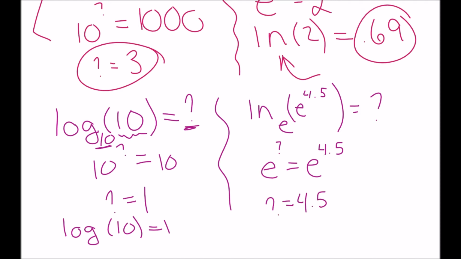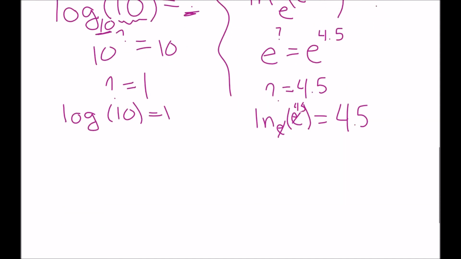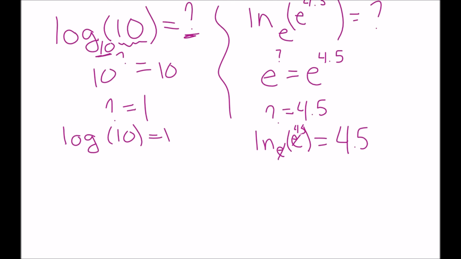Another way your teachers might do this, actually the correct way to do this, is through the power rule. That's going into some of the properties of the logarithms and the exponents, which we'll talk about in the second logarithms video. So stay tuned because there's more to come. But for now, you could just say that since you're raising a power up here to the same base as the ln, then that just has to equal 4.5. Making a bit of an assumption right there, but you'll see in the power rule how the correct, thorough way is done.